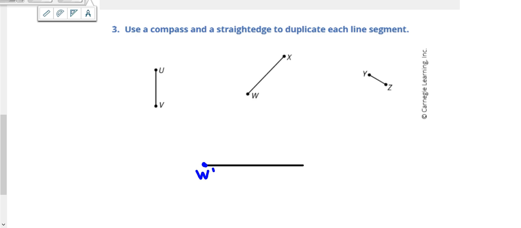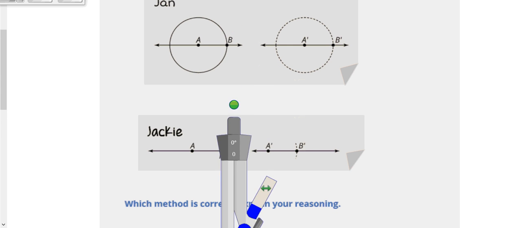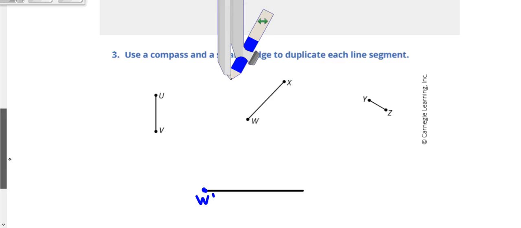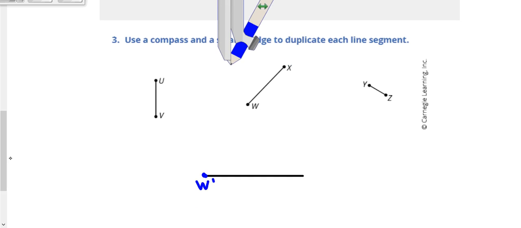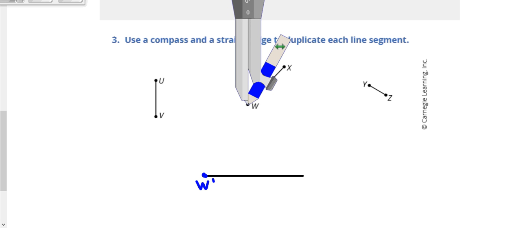Then I need my compass, and of course it puts it way up here, so let me bring it down. On my compass, I have to stick the pointy end where the W is.